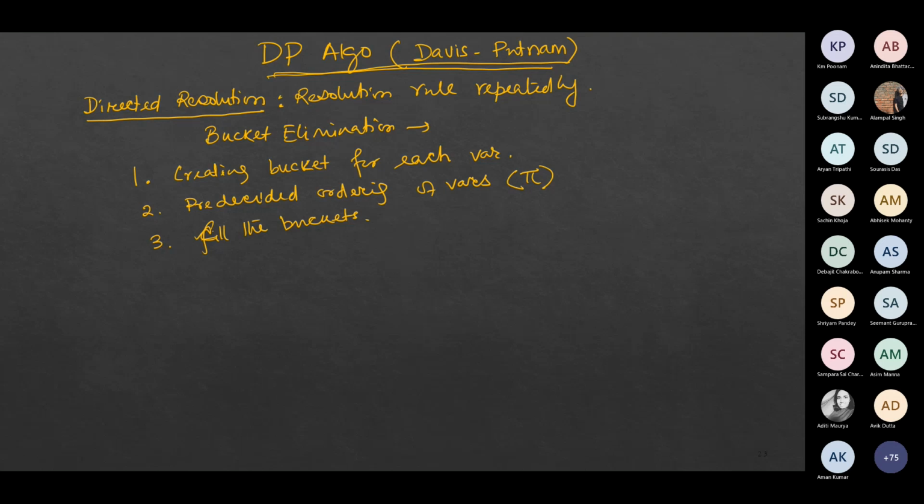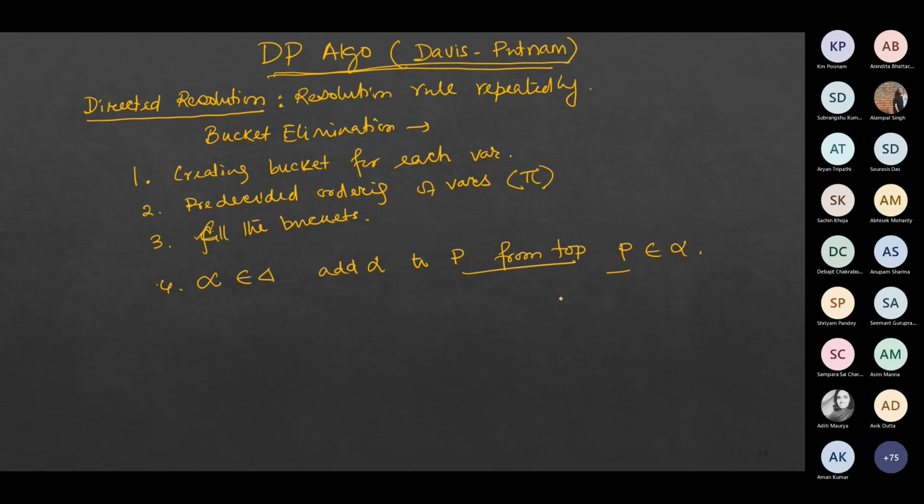Now, how do we fill the buckets? We'll pick up a clause alpha from delta and add alpha to the bucket of P, and we'll do that from the top. I'll just take the example and try to illustrate what we mean by from the top, right? Such that P belongs to alpha.